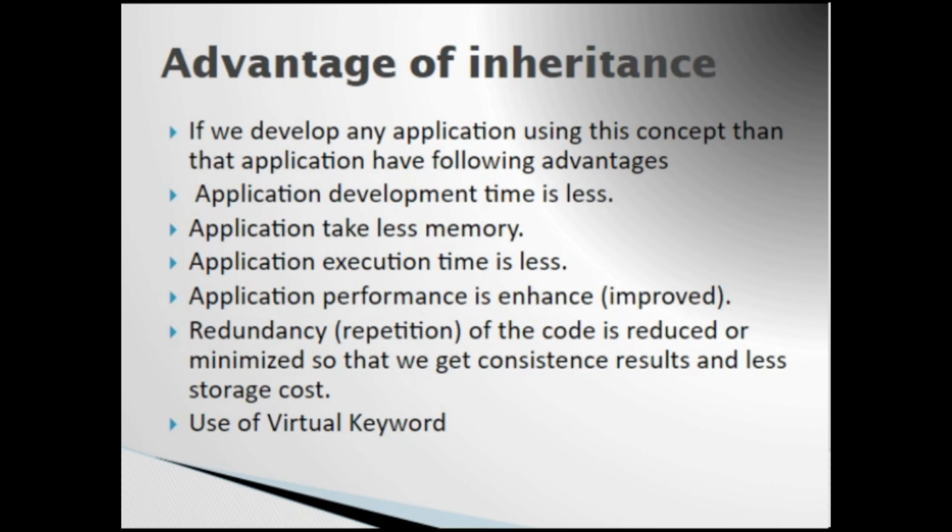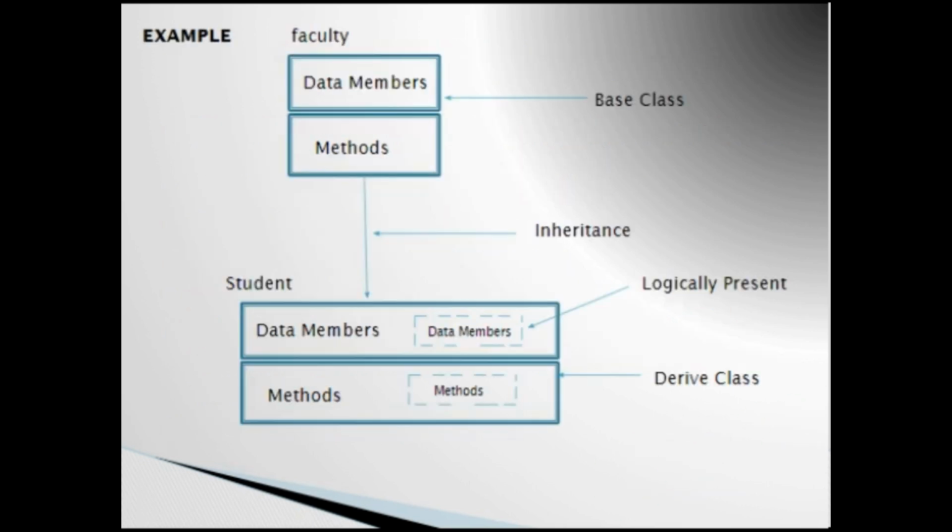Use of the virtual keyword: using the virtual keyword we are performing polymorphism. So compile time polymorphism and runtime polymorphism are also available in the inheritance concept. See here, suppose this faculty is one class. Faculty has data members and methods. We already discussed that from this faculty class there is another class, student.